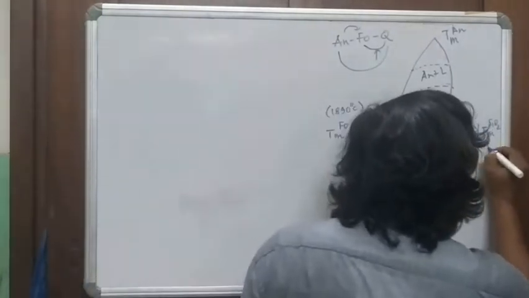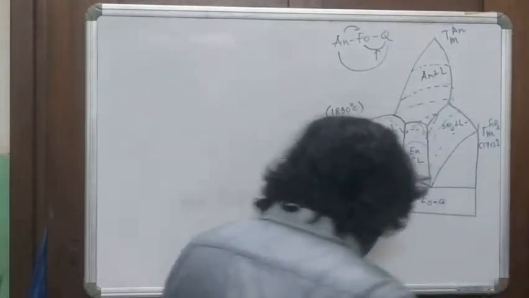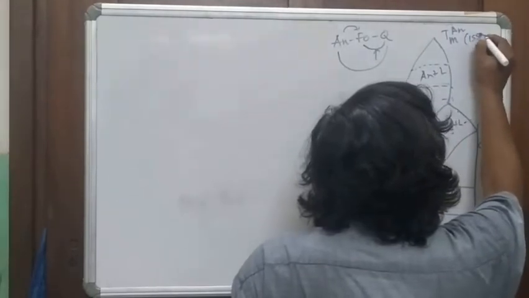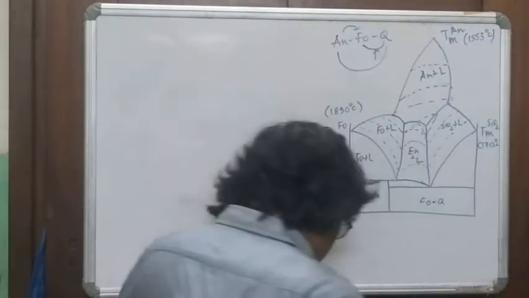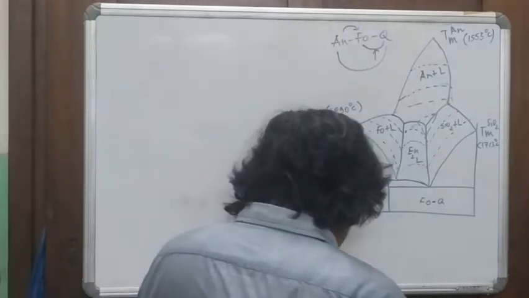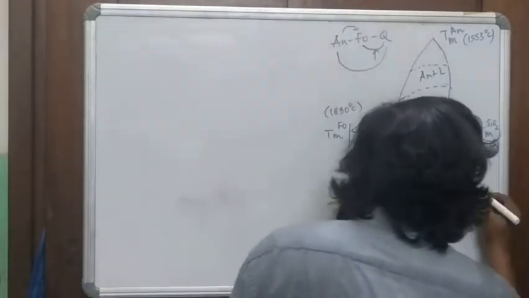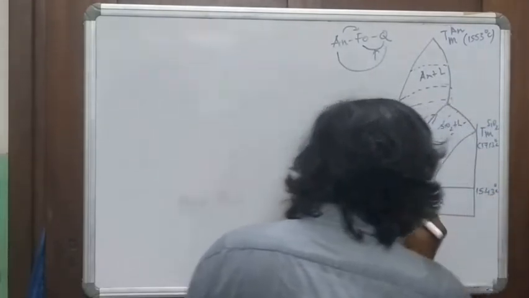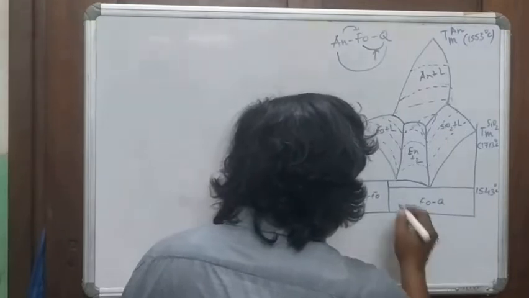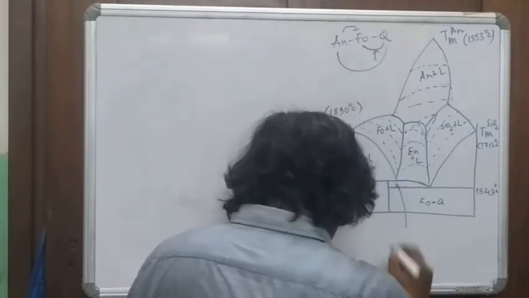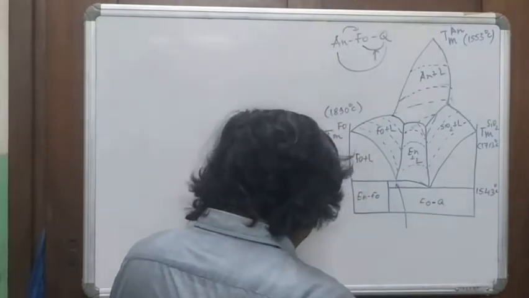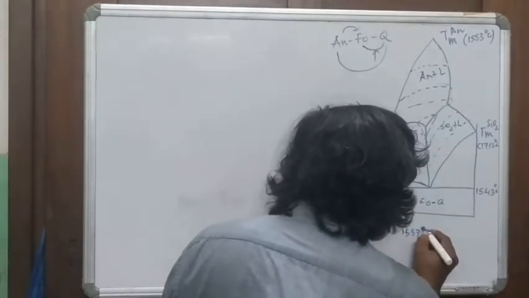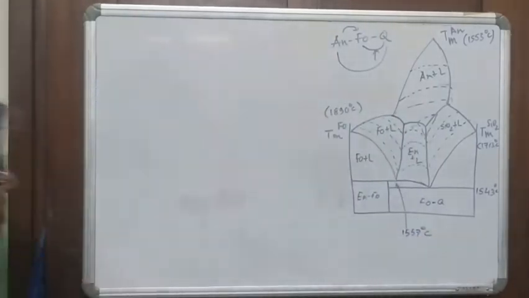This is 1713 degrees centigrade. This is 1553 degrees centigrade. This is 1543 degrees centigrade, the eutectic temperature here, and the peritectic temperature here is 1557 degrees centigrade. So it's very high temperatures.